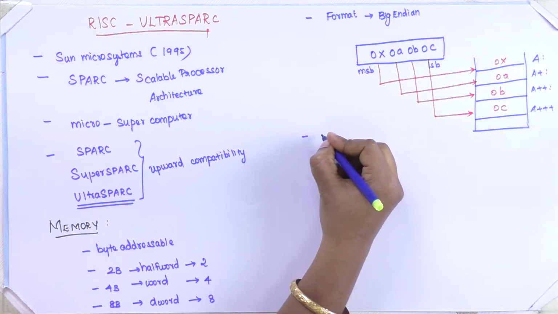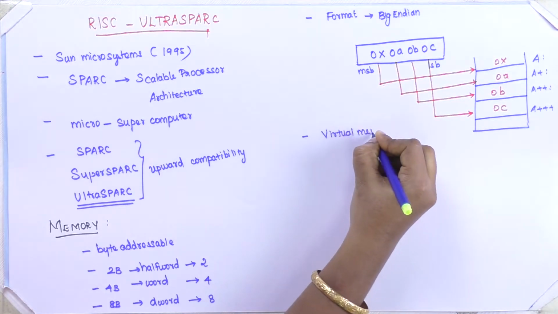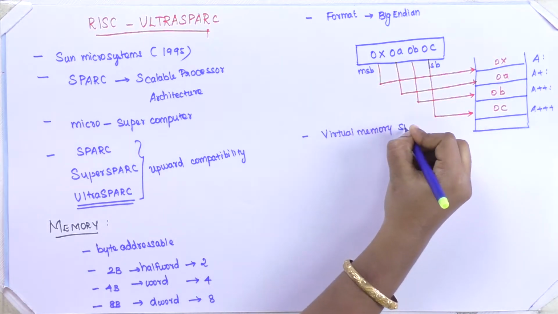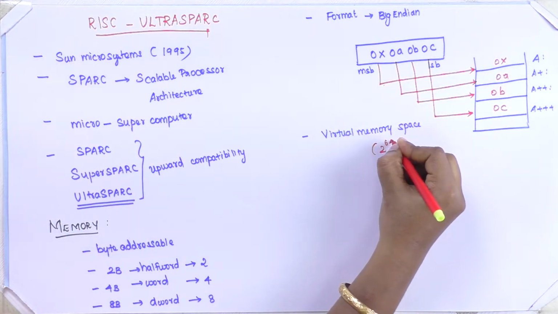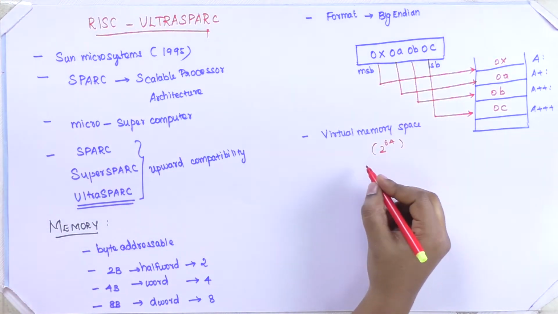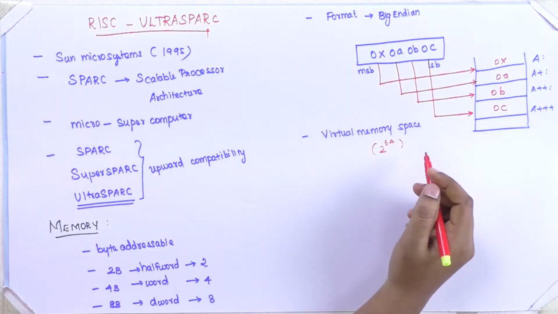Here in UltraSPARC architecture, we have virtual memory space. The virtual memory space is about 2 power 64 bytes, so our UltraSPARC programs can be written using 2 power 64 bytes of virtual memory.